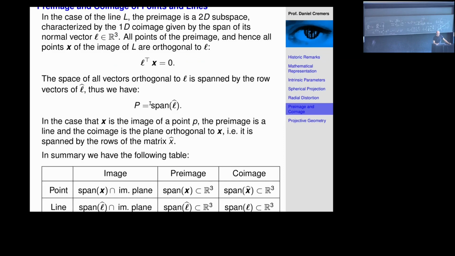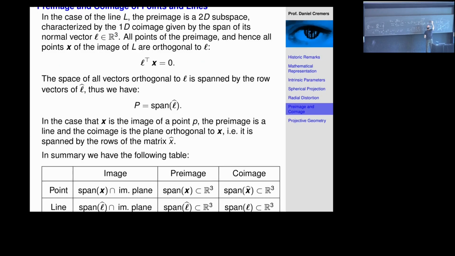So in summary, this is a lot of notation, a lot of terminology, and it may be a bit confusing if you see it for the first time, but it's not so difficult, and it's mainly terminology introducing this notion of pre-image and co-image. And we can do that not just for points and lines. In principle, we can do it for any structure, right? Even if we see, let's say, this, I'm not sure how good I can draw.